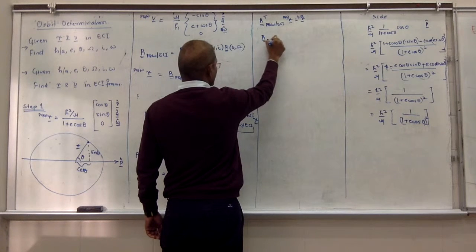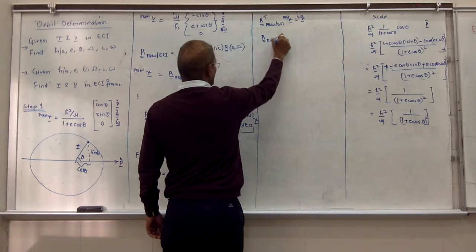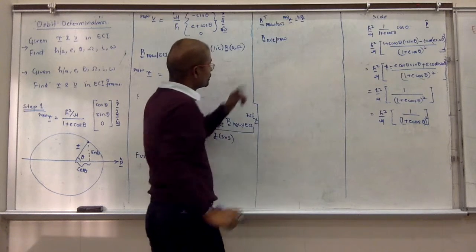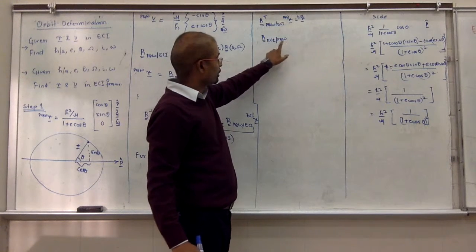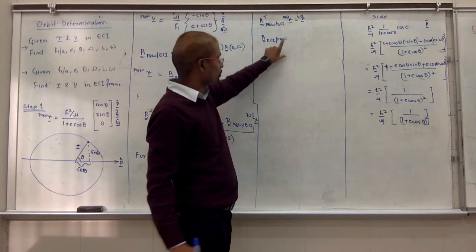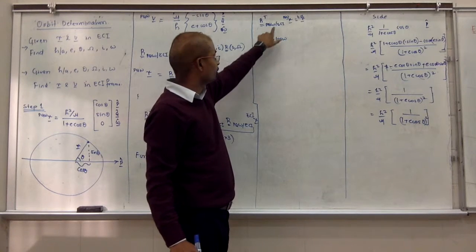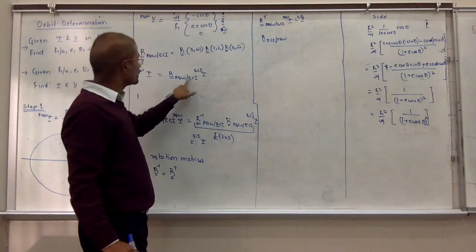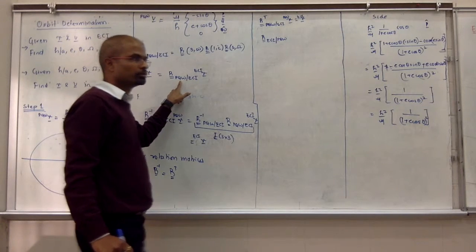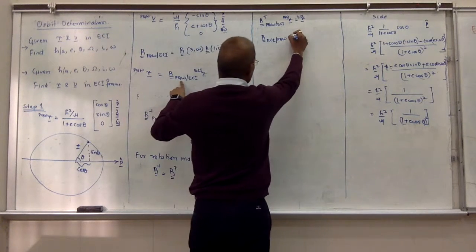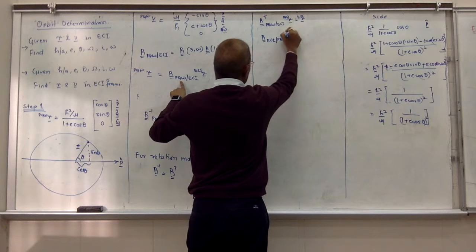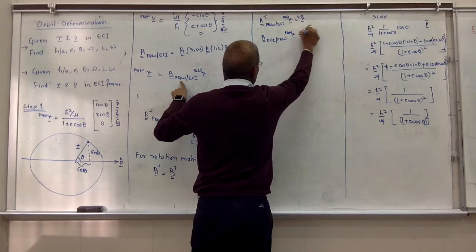What I am doing is changing the order, ECI PQW. This matrix goes from PQW to ECI. This matrix goes from ECI to PQW. Okay. You get this R PQW equal to R.